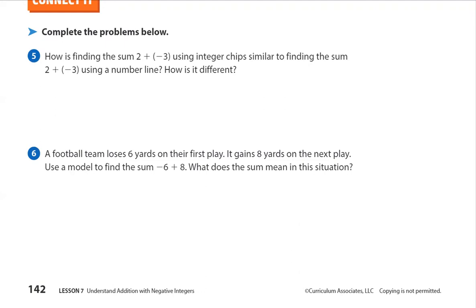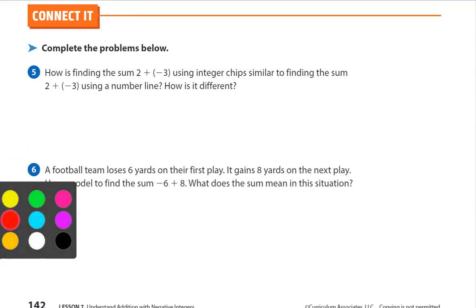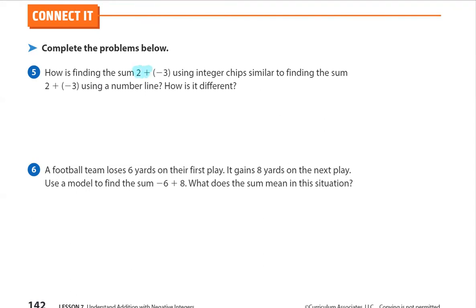Number 5 here, we're connecting it now. How is the sum of positive 2 plus negative 3 using integer chips similar to finding the sum of positive 2 plus negative 3 using a number line, and how is it different?